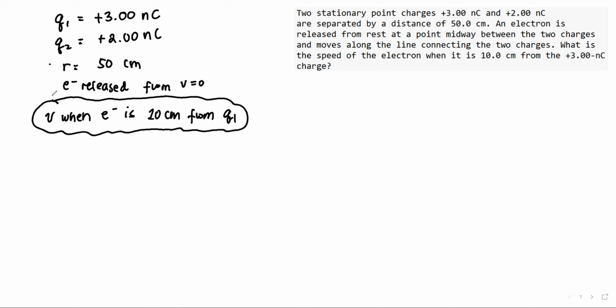Now, this has to do with your speed. So the strategy here is important to think of equations with speed. We already discussed Gauss's law. We also had Coulomb's law.